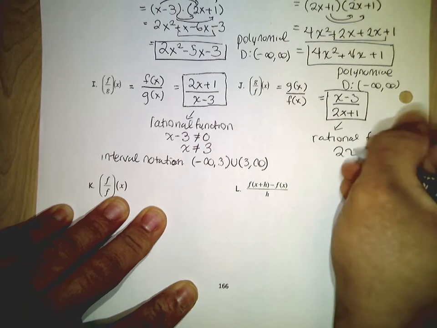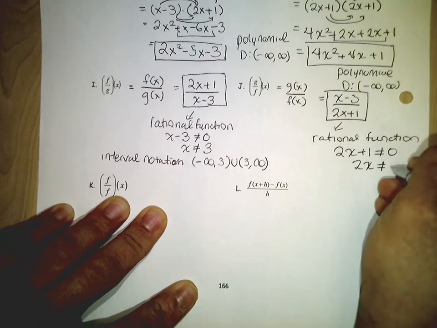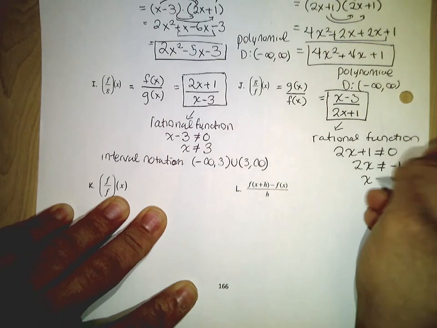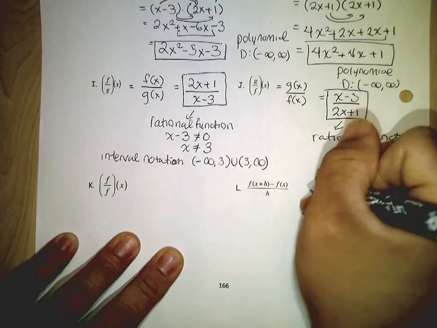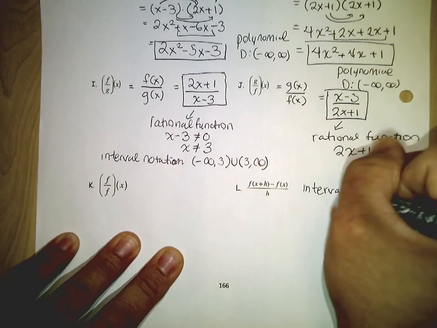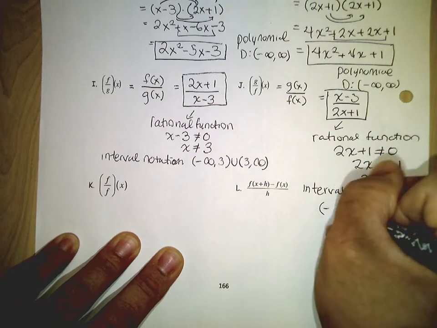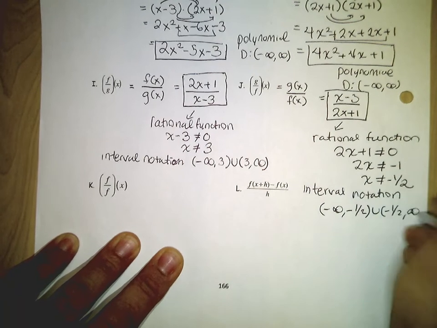So the denominator, 2x plus 1, cannot equal 0. So I'll subtract the 1. So 2x cannot equal negative 1, or x cannot equal negative 1/2 when I divide by 2 here. So in interval notation, I have that the domain is negative infinity to negative 1/2, or negative 1/2 to infinity.